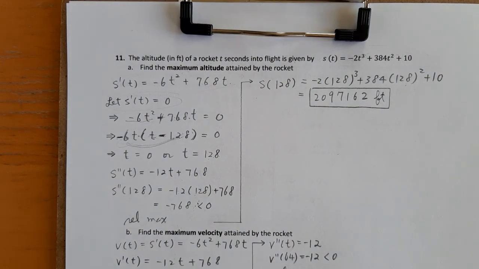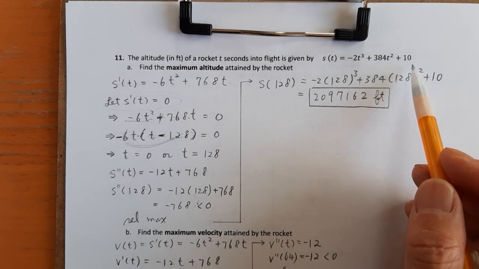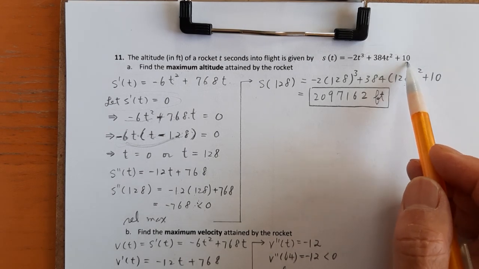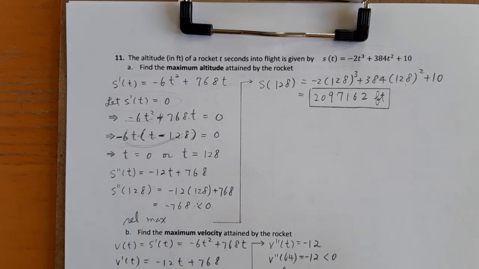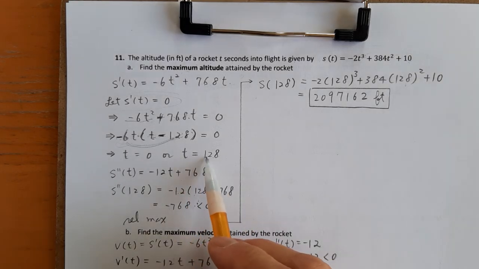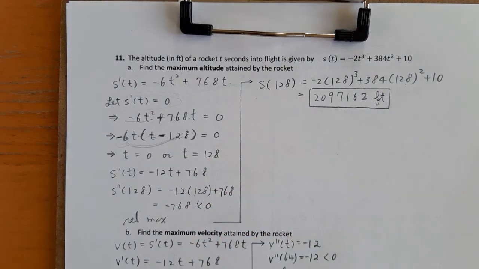T equals 0 is on the ground, 10 feet above the ground. So that is not the maximum height. So we figure out t equals 128 is a relative maximum.